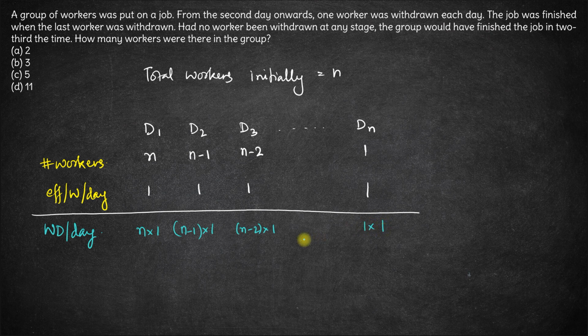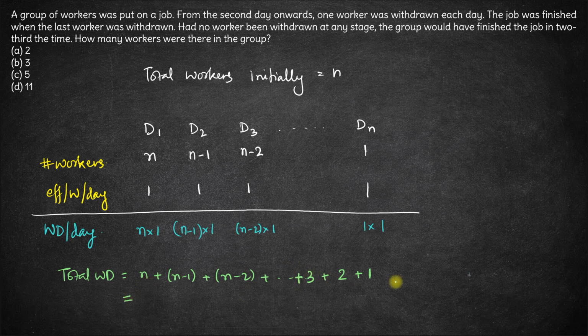Okay, and now the total work done will basically be the sum of work done on each of these days. So work done on the first day is n units, on the second day is n minus 1 units, on the third day is n minus 2 units, so on till on the last day it will be 1 unit, on the second last day it would have been 2 units, on the third last day it would have been 3 units, and so on.